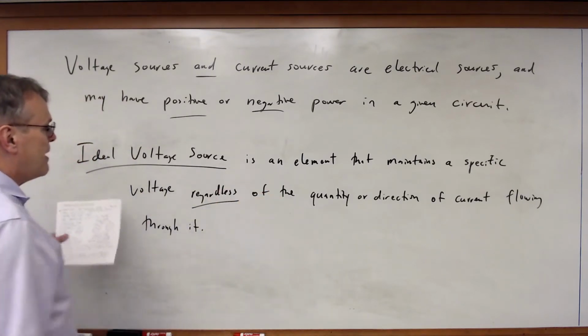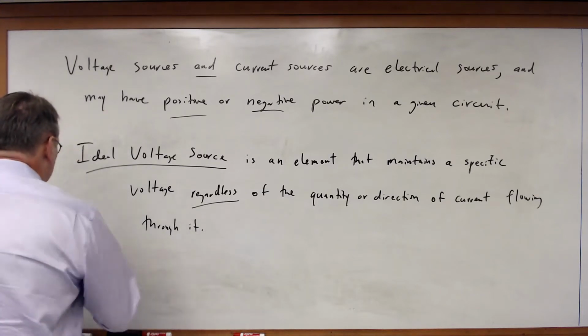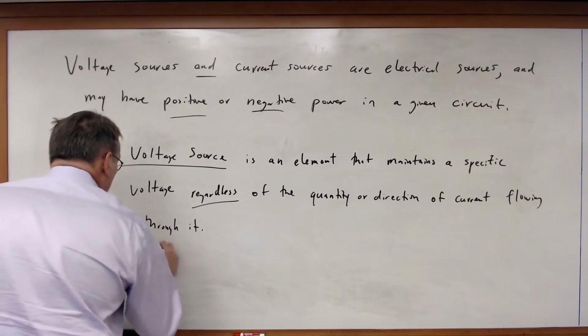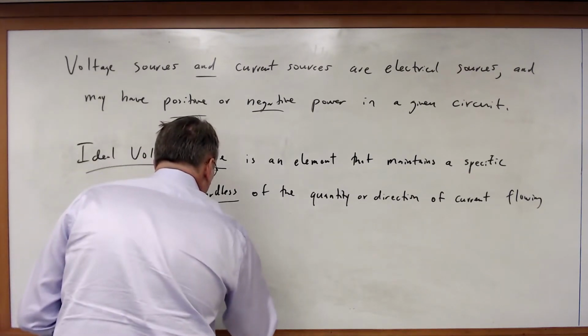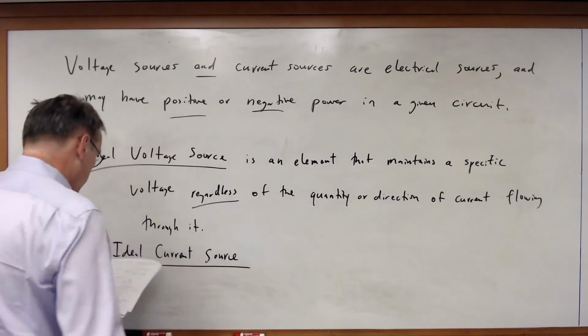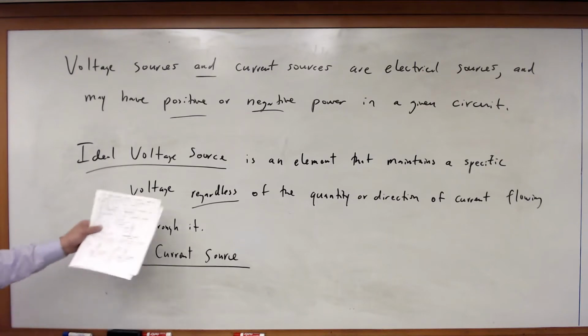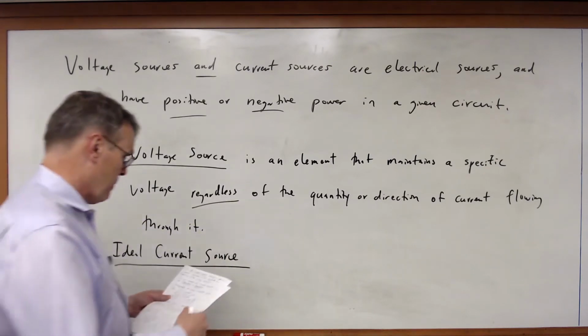Now, along the same lines is the ideal current source. An ideal current source maintains a specific current regardless of the quantity or polarity of the voltage across it.